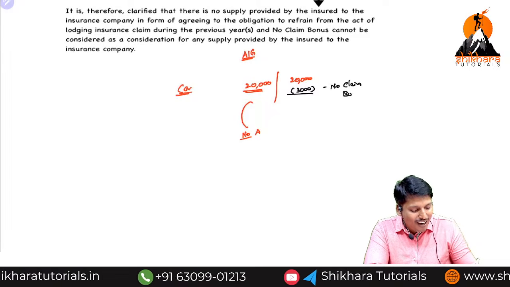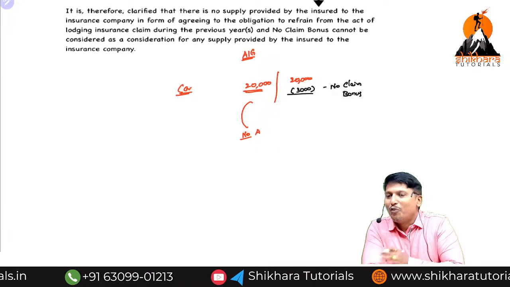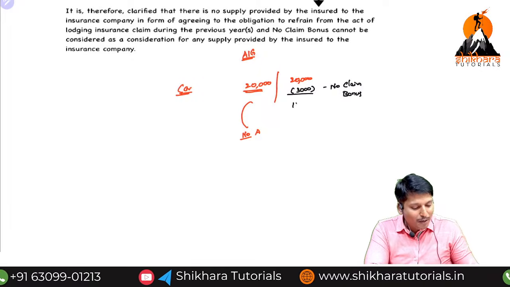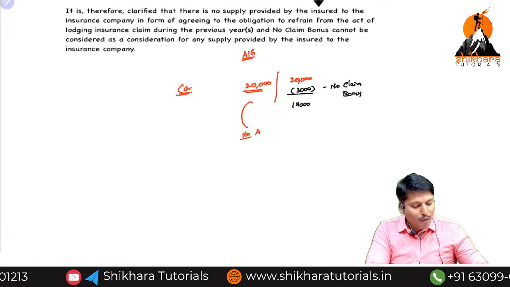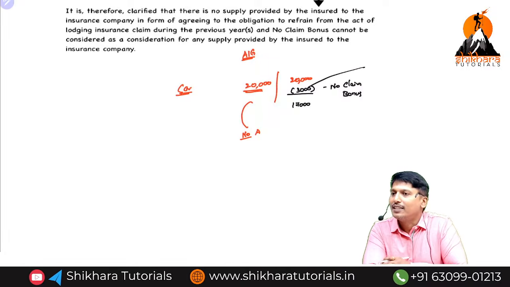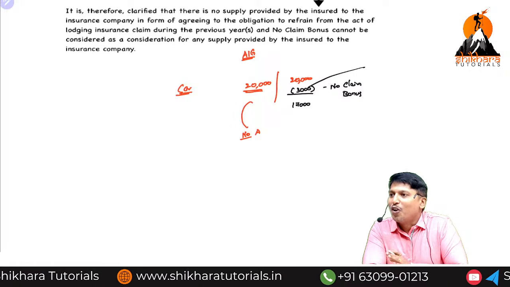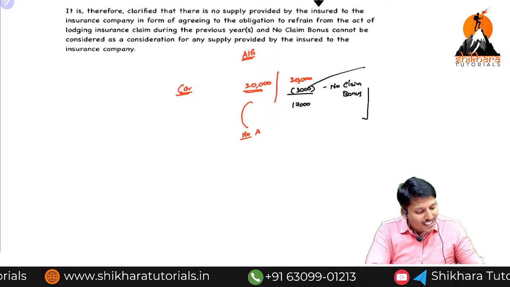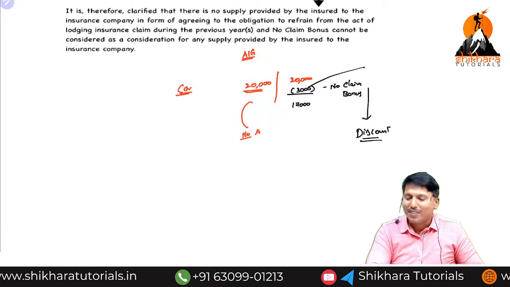Last year you did not apply for any claim, so that is the reason we are giving a 3,000 no claim bonus. You are required to pay only 17,000. This no claim bonus is not a consideration, so no GST. Sir, the no claim bonus is considered as what? Discount.